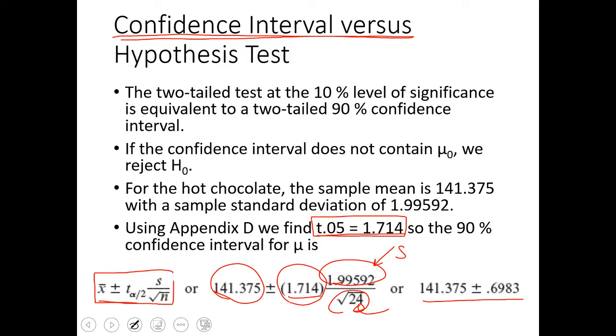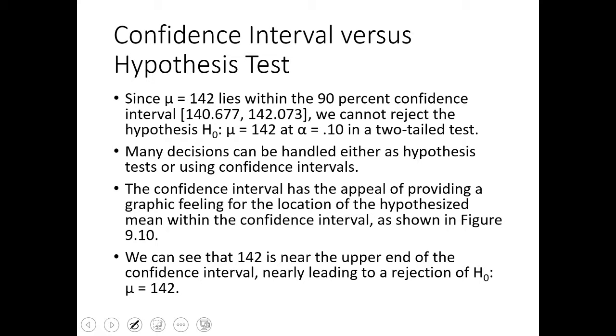Then we obtain the confidence interval: 141.375 minus 0.6983, and this number plus 0.6983. So the confidence interval is 140.677 and 142.073. And our null hypothesis is that mu is the same as 142 at 10% significance level.